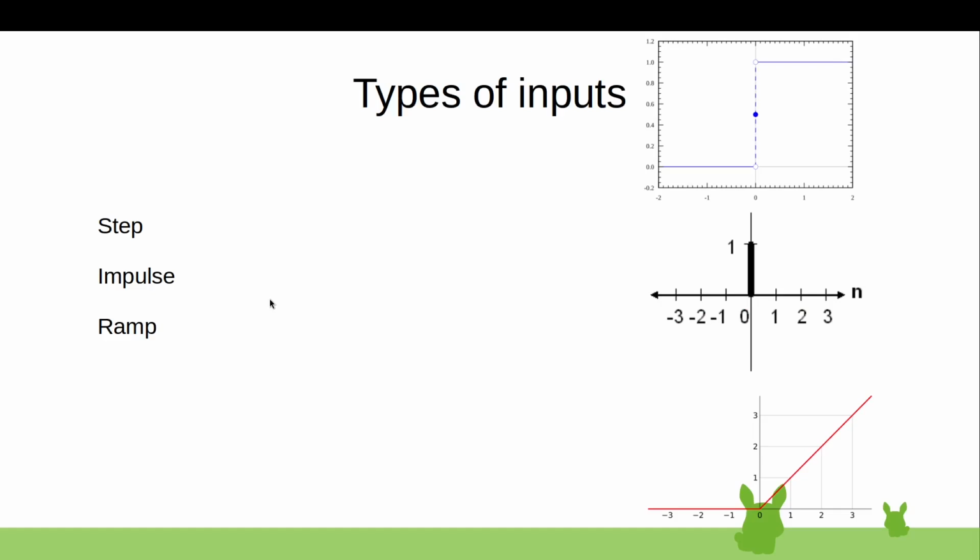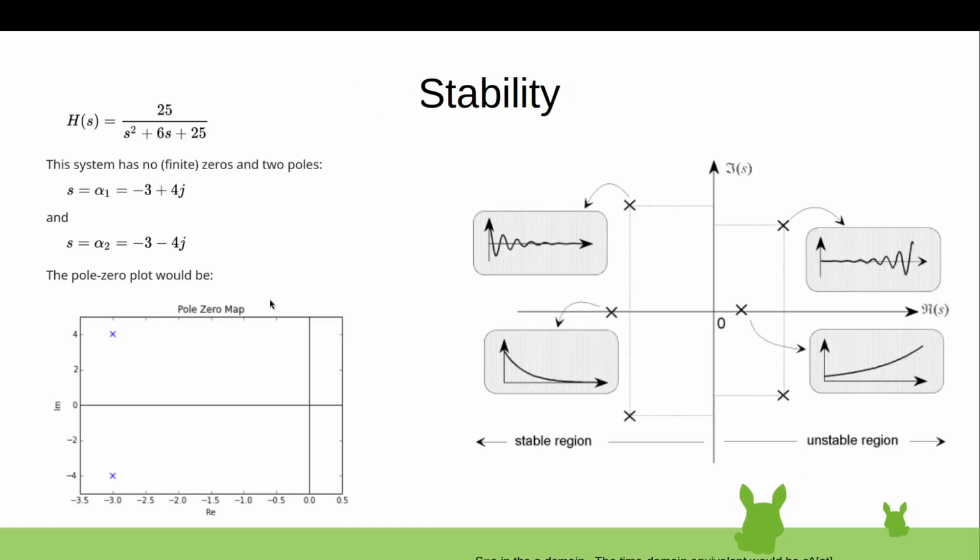A step is where you continue to give a signal after some time or initially, and an impulse is just one time going up to a certain signal level instantaneously. And a ramp is linearly increasing, as you can tell by its name.